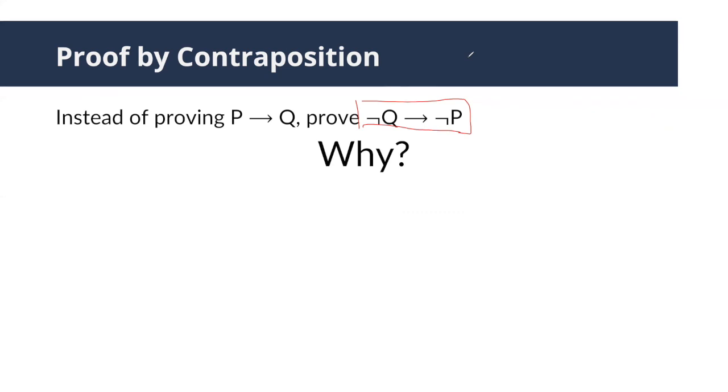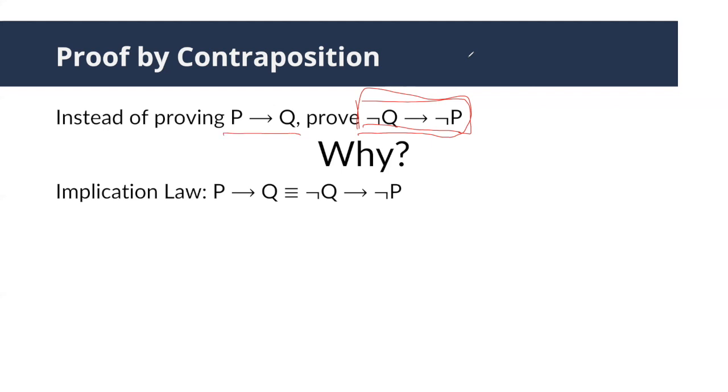This is because of the implication law. Remember what this is called? This is called the contrapositive of the original implication. And by implication law, we know these two are logically equivalent. That's why we can prove not Q implies not P instead of proving P implies Q.